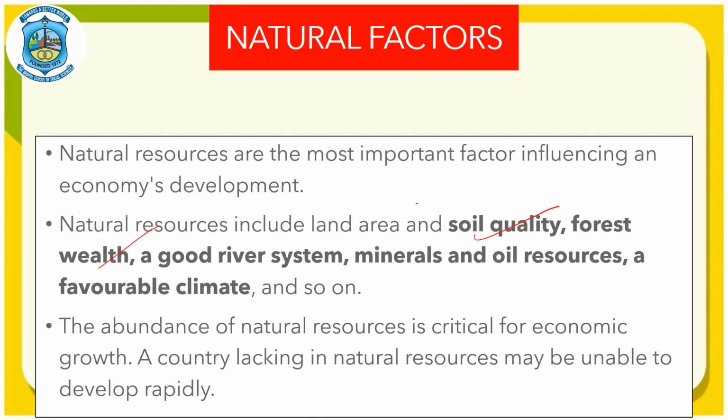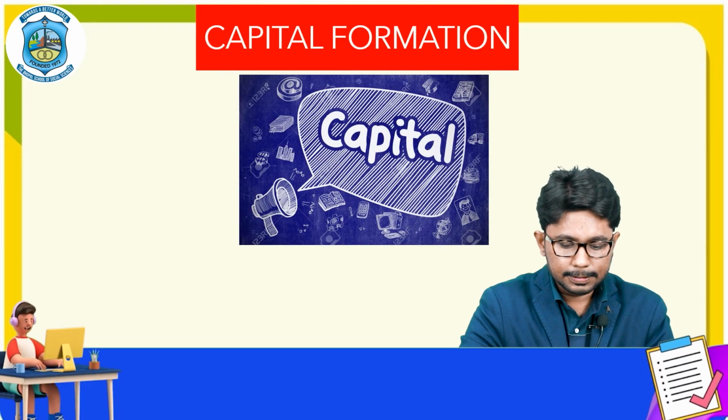A country lacking natural resources may be unable to develop rapidly, like Uganda, Kenya, Somalia, Kiribati and other countries which have natural resources, but the resources are very scarce in nature. It impacts the development process of that particular nation.